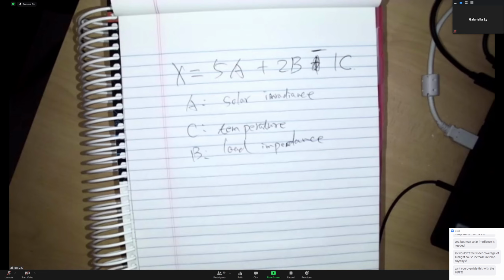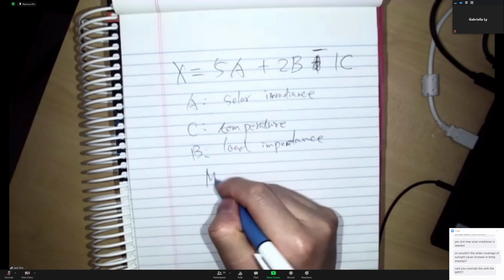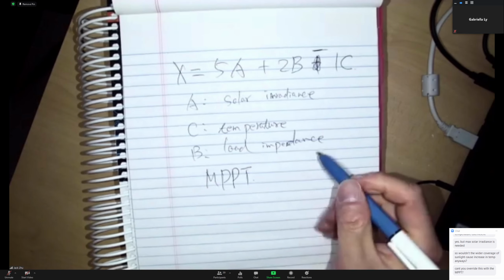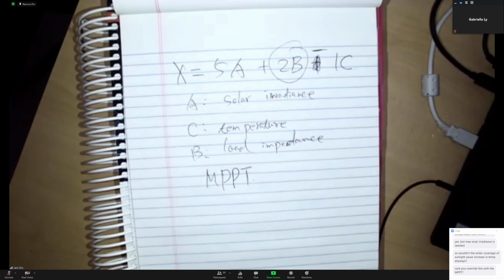MPPT is related to how to compensate for the load impedance.